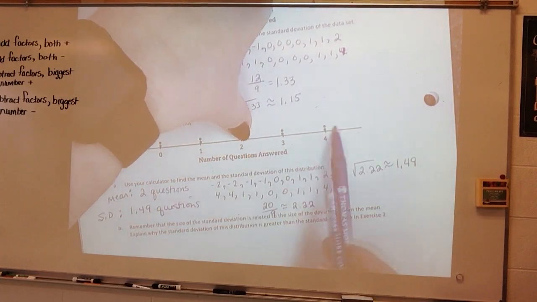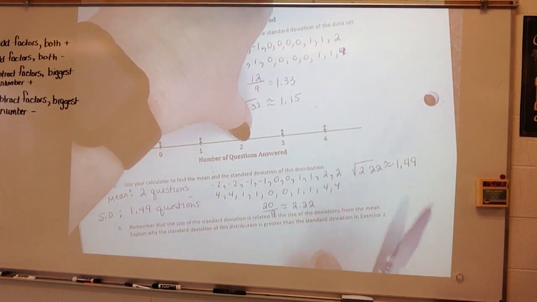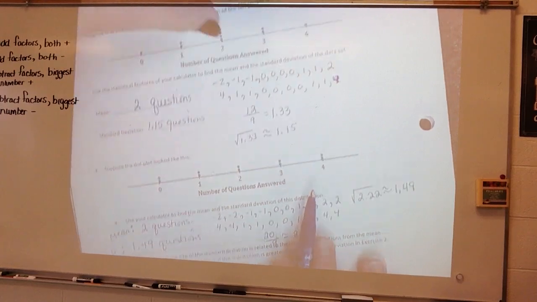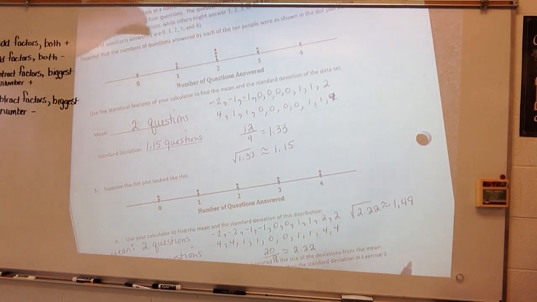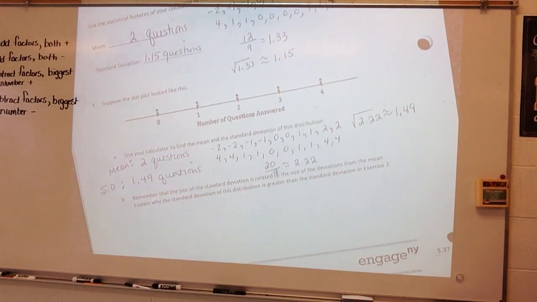Alright, so let's look at our mean here. If I look at my mean here, my points are kind of evenly distributed. But if I look at my mean here, I'll have a lot of my points there. So my points are farther from the mean in exercise 3 than the points in exercise 2.